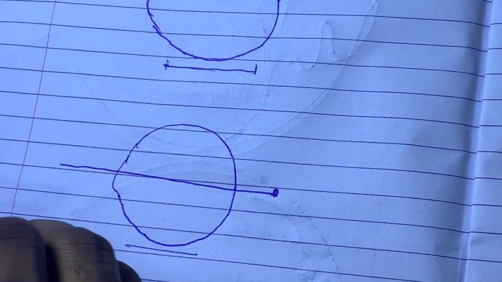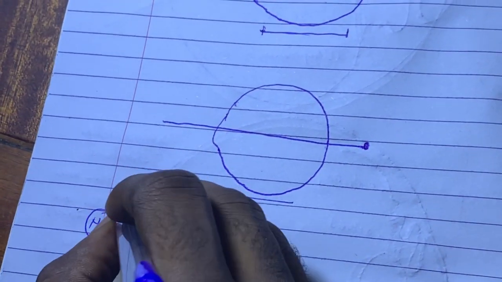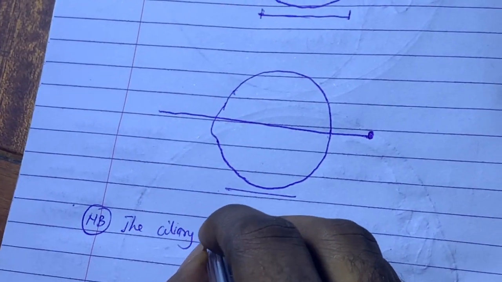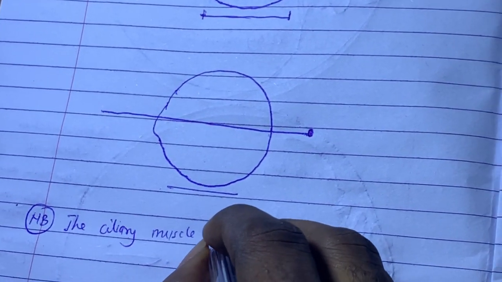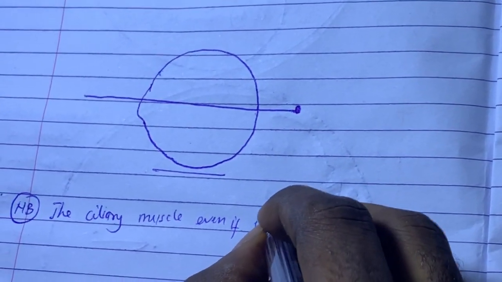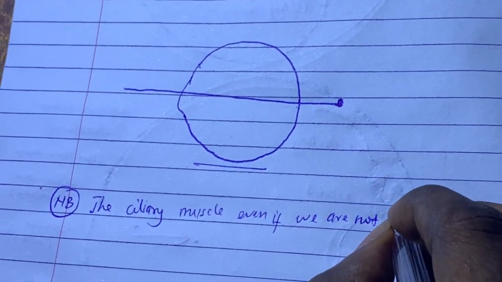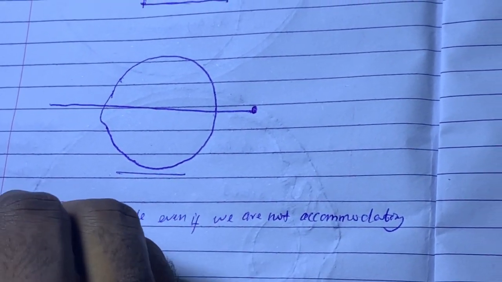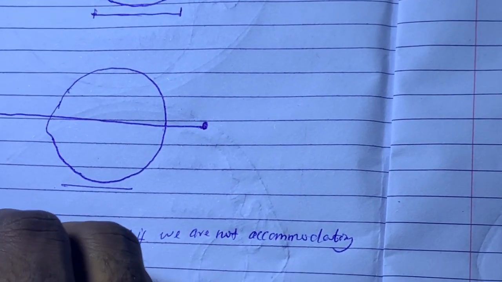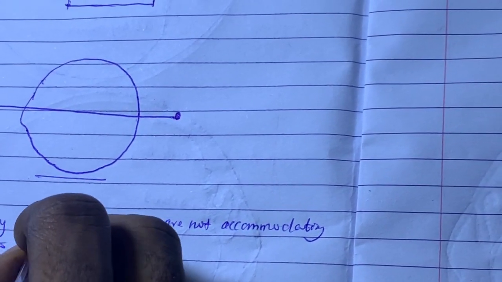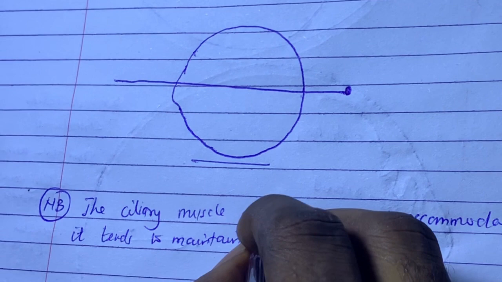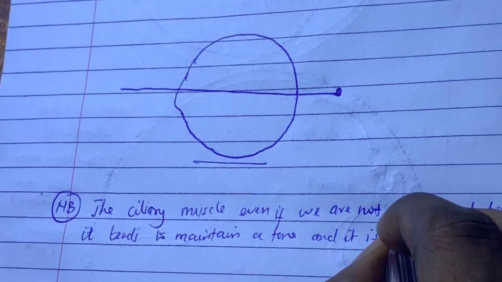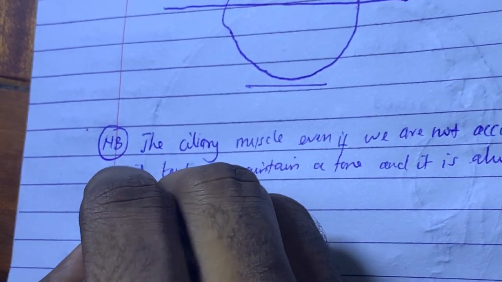Now note, very important. On the ciliary muscle, even if we are not accommodating, it tends to maintain a tone, and it is always present.